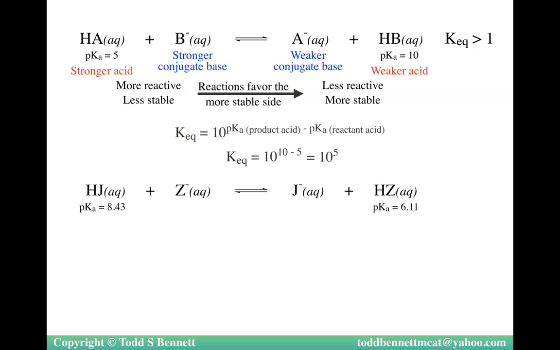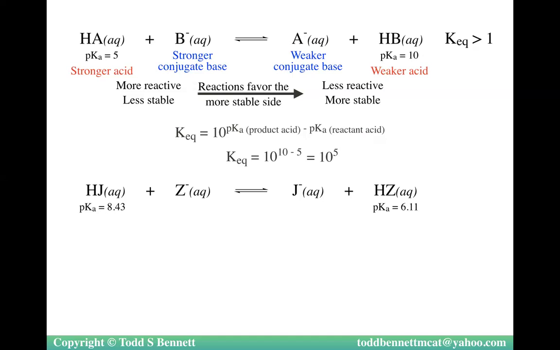So I'm going to make my numbers a little more realistic, have some decimal places. It's still going to be a small number minus a large number. So product minus reactant, 6.11 minus 8.43 is going to be negative 2.32.